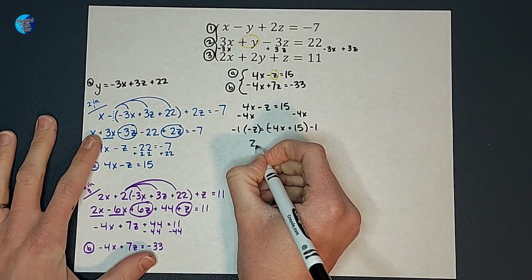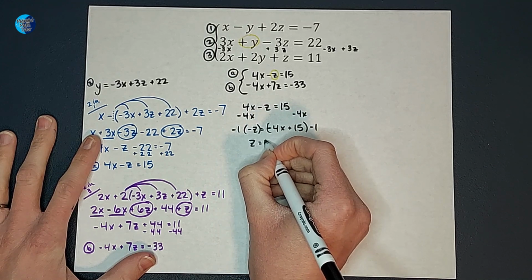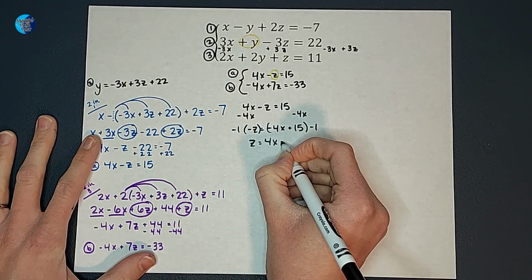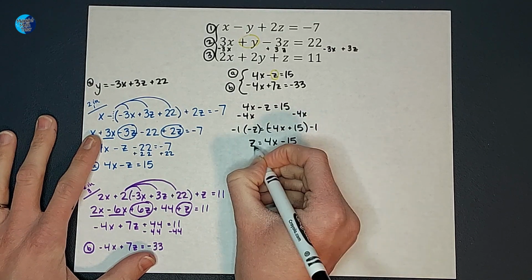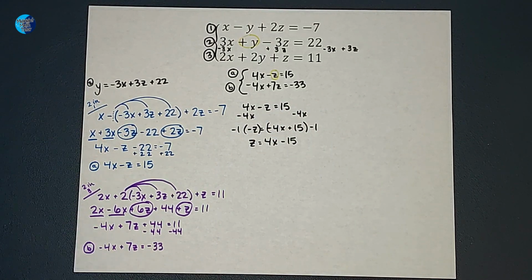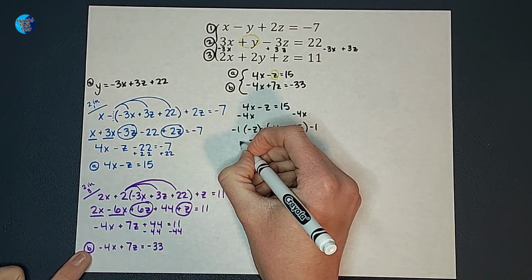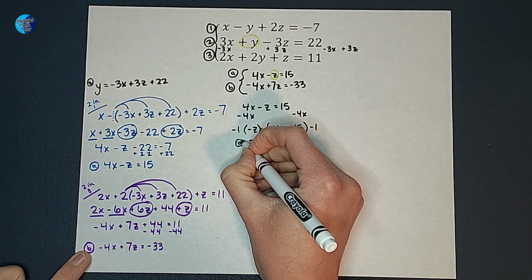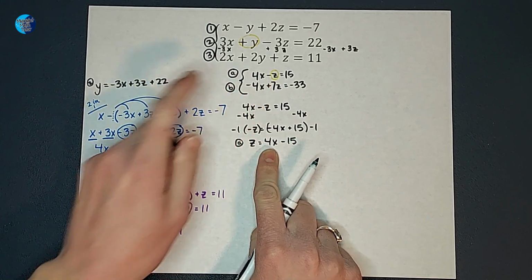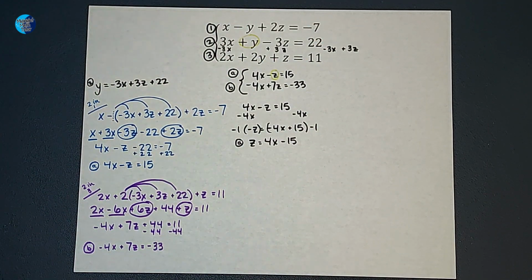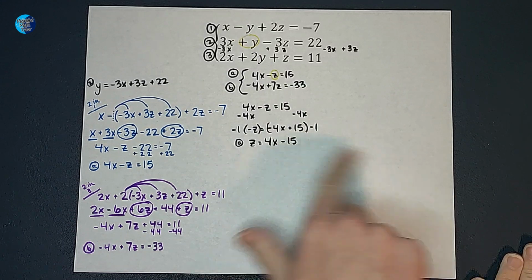So I'm going to end up with z equals 4x minus 15. All right, guess what? I have my z. I'm going to label this with an A, just to remind myself that this is still A, just moved around, multiplied, things like that. But that is still A.